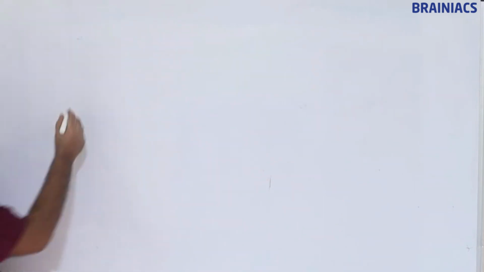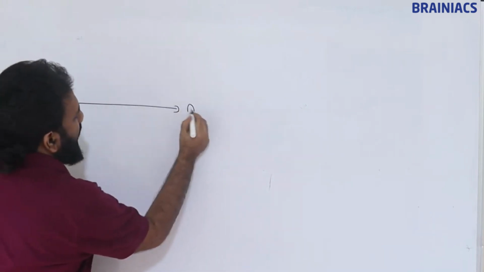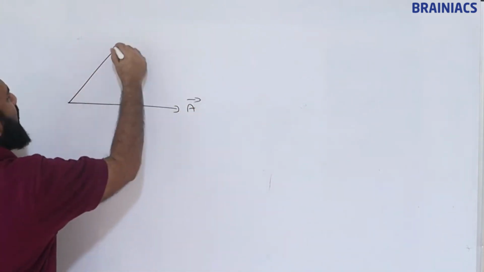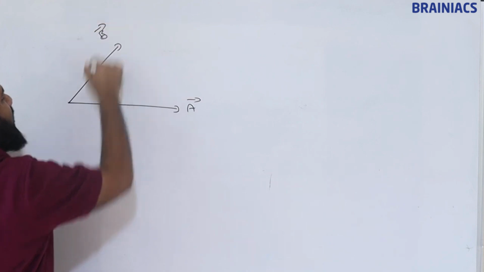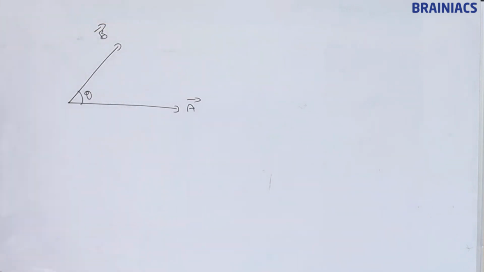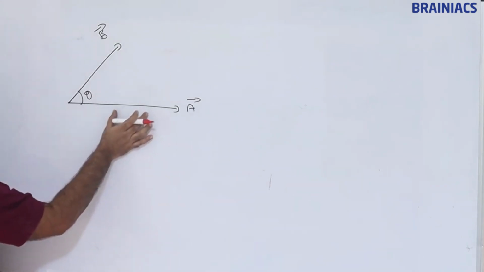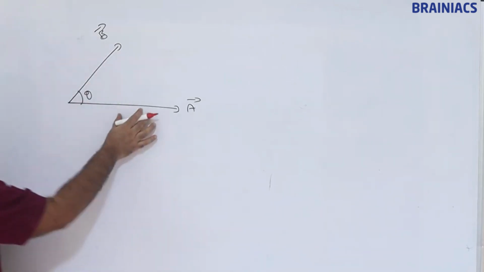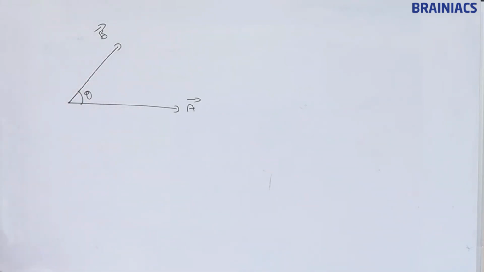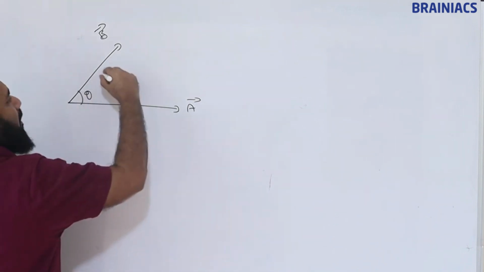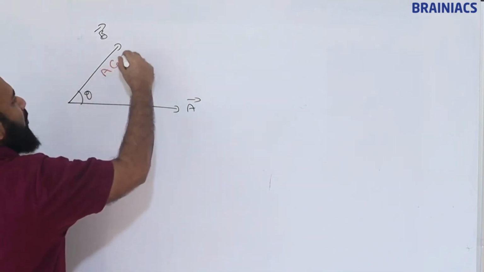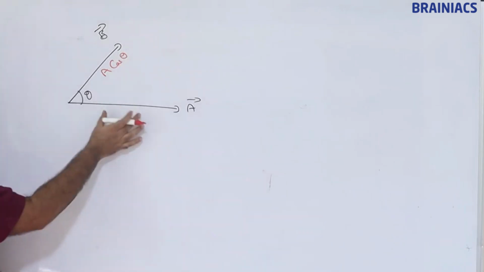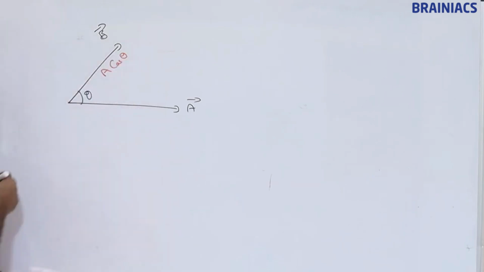In the same way, if this is vector A, this is vector B, and the angle between them is theta, and we need the component of vector A along B, then the component of A along B is A cos theta.